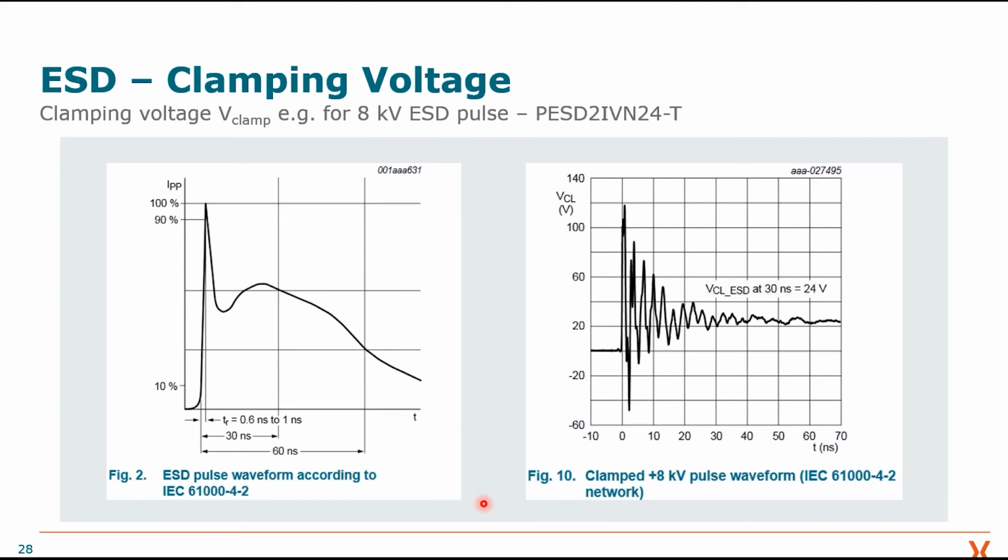Earlier on, it was found that some LIN or CAN transceivers are not very fragile against the first high voltage peaks, but they need to be protected against the second shoulder. So it was defined that we take the clamping voltage value from the datasheet after 30 nanoseconds.